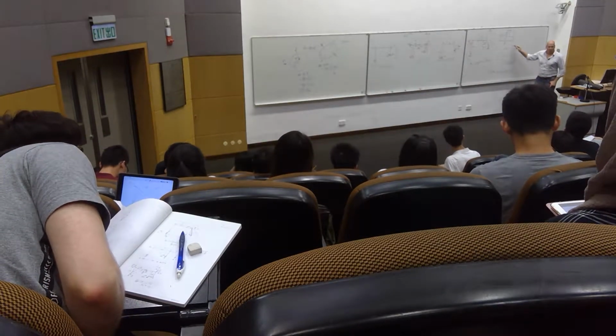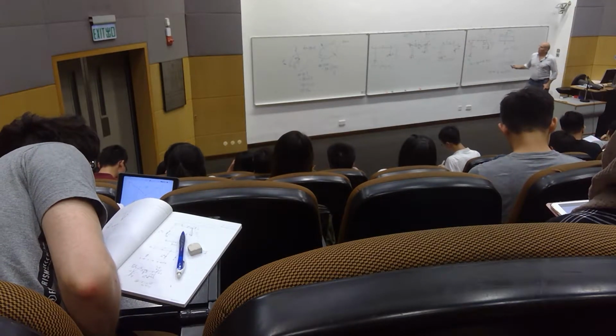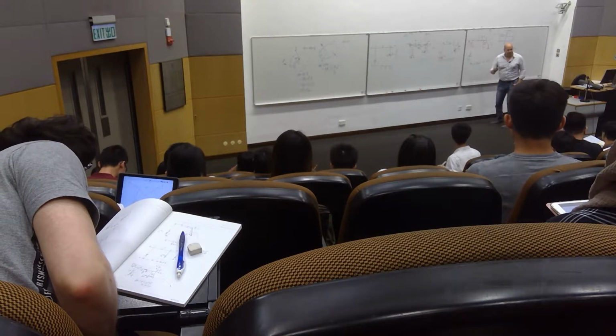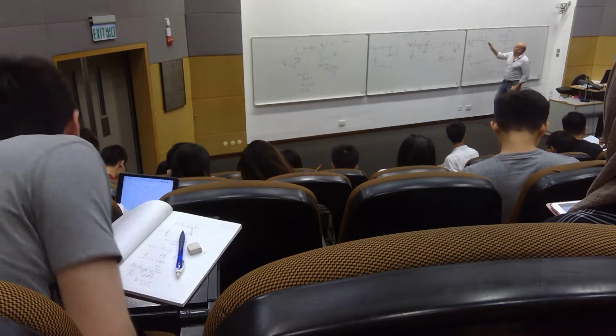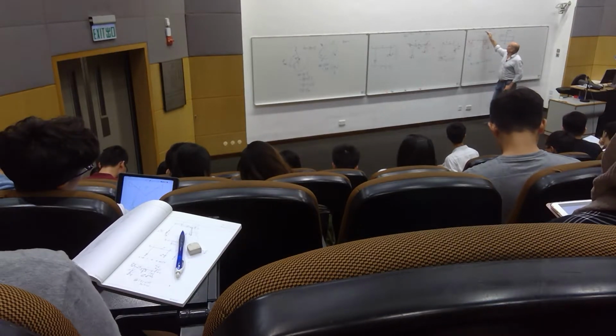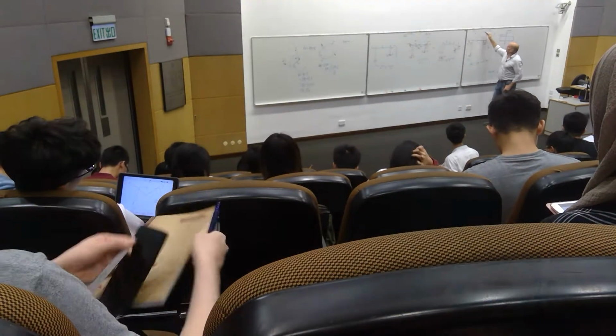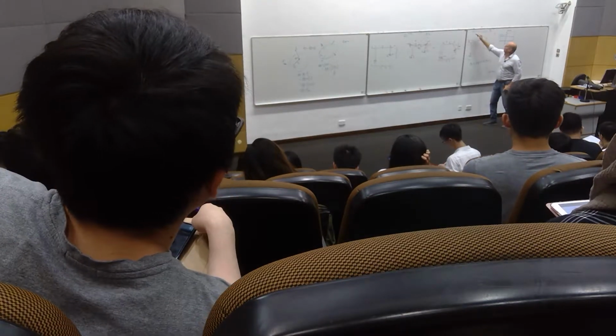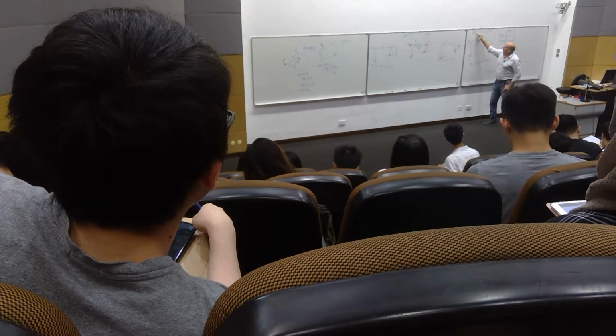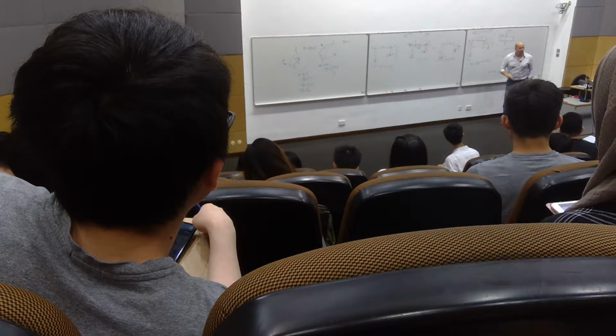If you have a constant load, and I ask the question for this beam, I put a uniform load of 10 kilonewton per meter. Can you calculate what this moment was?